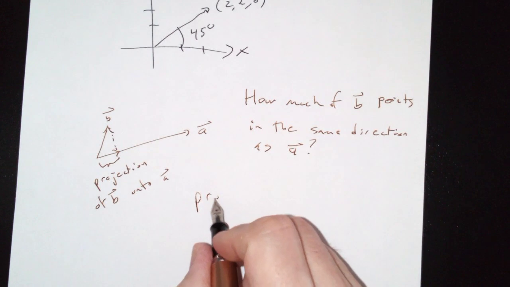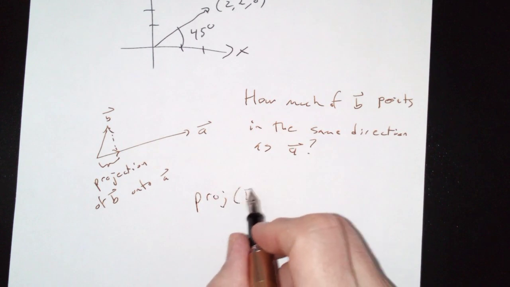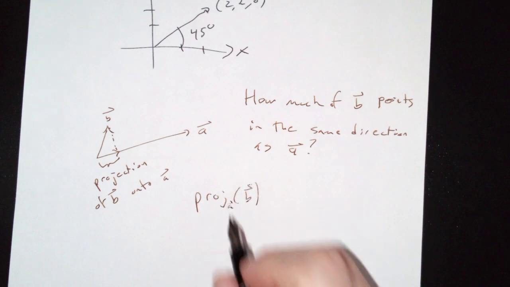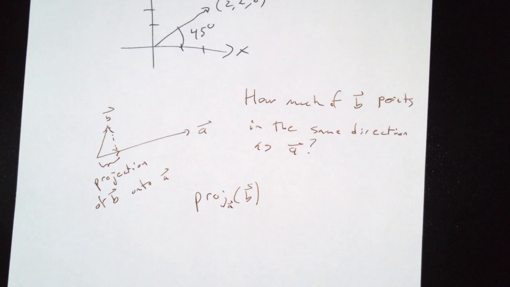I don't care. But we're going to write it in symbols as the projection of B onto A, and the A is a subscript there. That's how I remember it's on A, the projection on A. Oh, we use the word of when we write functions, right? So projection of B on A.